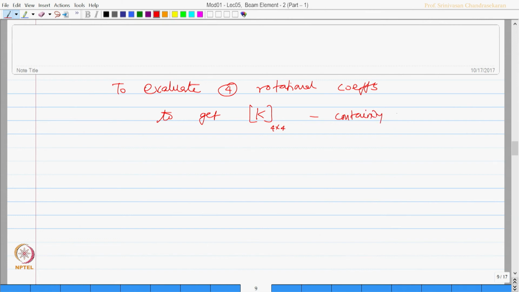So, we are now interested only to evaluate the 4 rotational coefficients to get the full stiffness matrix of 4 by 4 containing 16 coefficients. So, it is very simple. We do not have to derive all the 16, we derive only the 4, we can get the remaining 12 automatically from these set of equations what we derived just now.